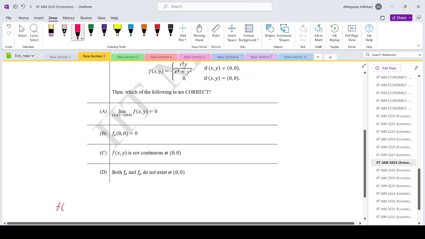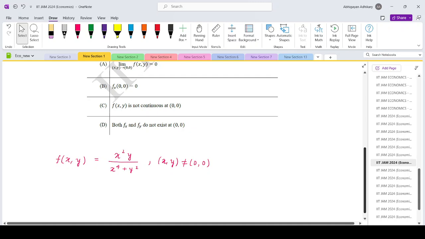f(x, y) is equal to x squared y divided by x to the power 4 plus y squared when (x, y) is not equal to (0, 0).